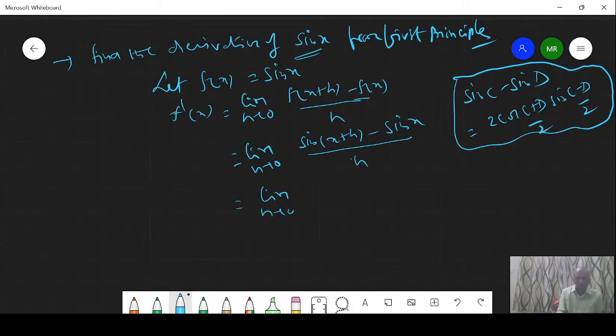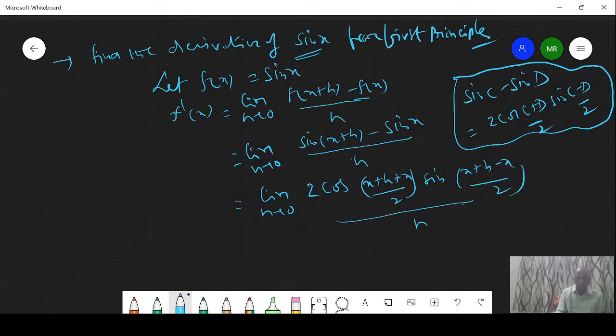Limit h tends to 0. If I apply this, I can write 2 cos of (x plus h plus x) by 2 into sin of (x plus h minus x) by 2, by h. Here plus x and minus x will get cancelled.